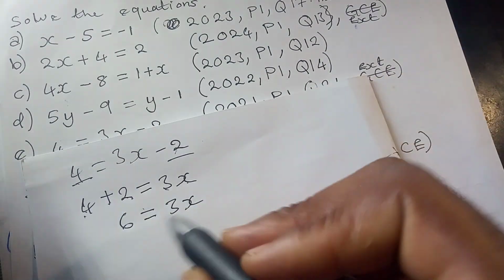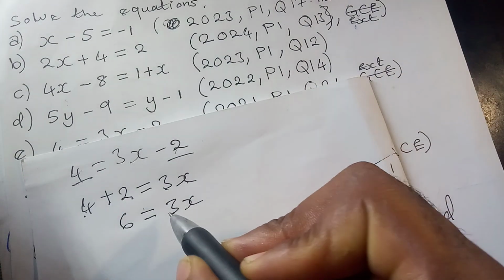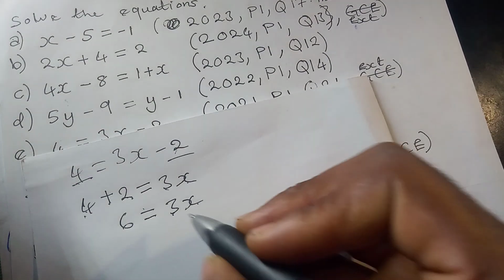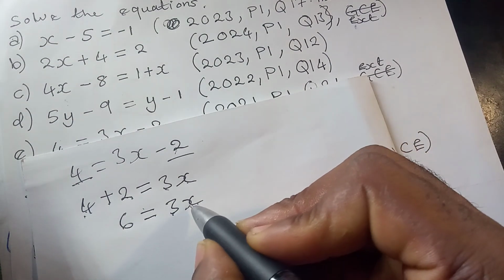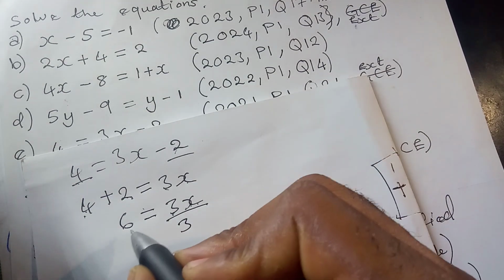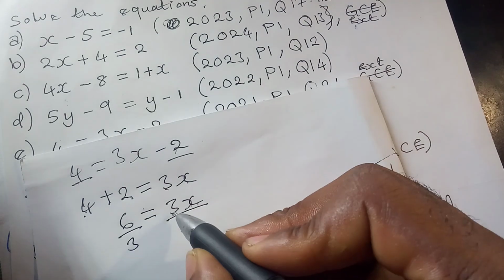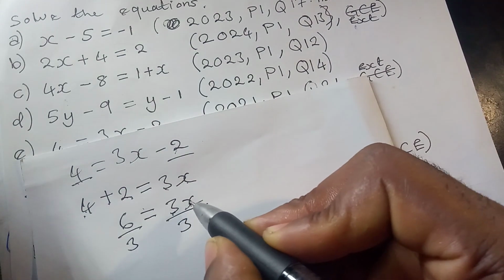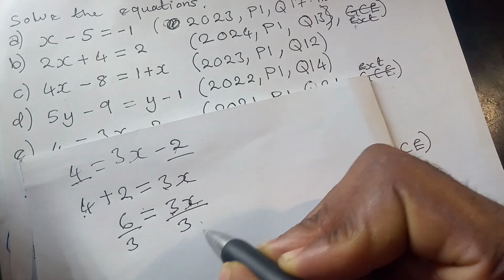So now you want to separate the 3 from the x. So to do that, ensuring that you remain with an x this side, you divide with anything that is not x. So that thing is a 3. Remember, you want to remain with an x, so there is no need to divide by x.